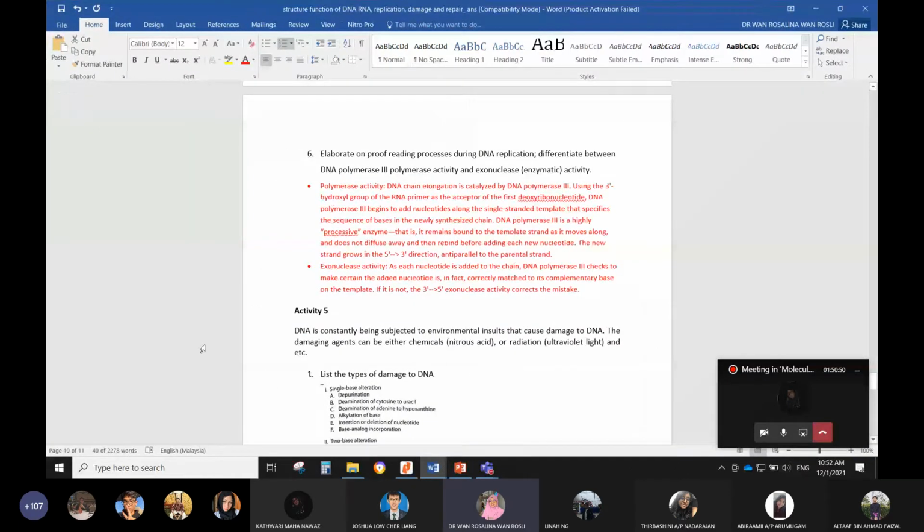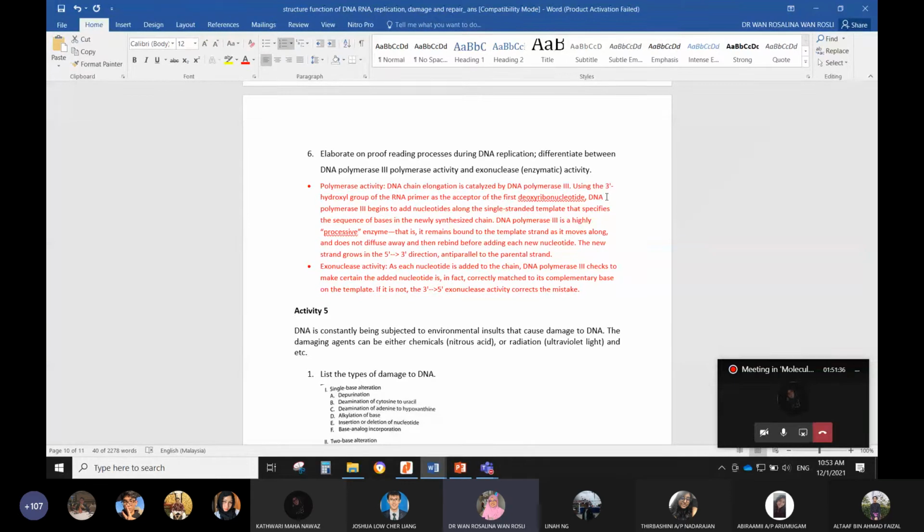The polymerases have proofreading activity, which means that although they add on bases, they also have the ability to check whether the incorporated bases are correct or not. They also have exonuclease activity, particularly DNA polymerase 3. Although it's the major processing enzyme, it also has exonuclease activity, but it only has the ability to correct one base.